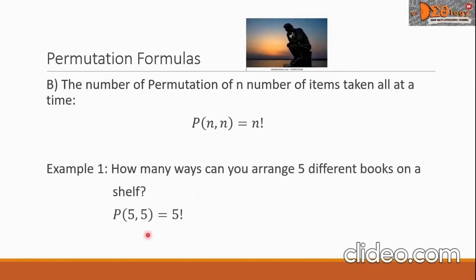So this is equal to P of 5, which is equal to 5 factorial. And we know that 5 factorial is 5 times 4 times 3 times 2 times 1, and the product is 120. So we have 120 ways to arrange 5 different books on a shelf. This is our final answer.